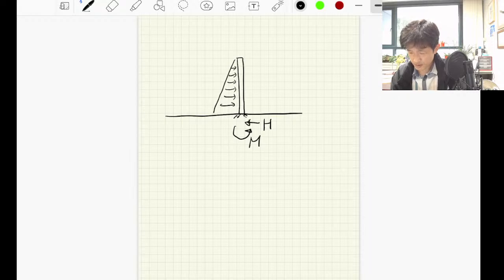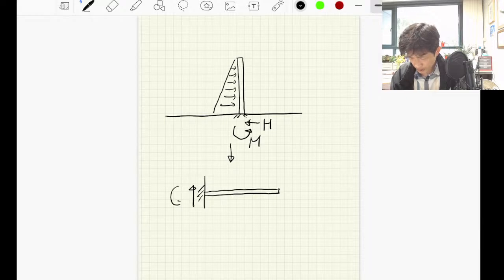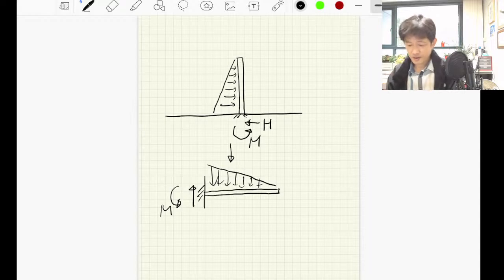So this is nothing but just a beam problem, so it can be changed to a cantilever. And then we have a horizontal force and a bending moment. You understand? If you consider the force equilibrium, you can easily determine the bending moment and the horizontal force.